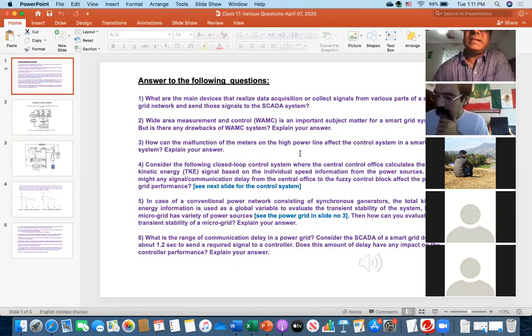To measure the high current, it is called the CT, current transformer. Those two are pretty standard measurement devices placed on the high voltage line. So if they malfunction, if they misoperate, then the controller will get an inaccurate or wrong signal, and that will adversely impact the smart grid or the power grid system. Is this fine?